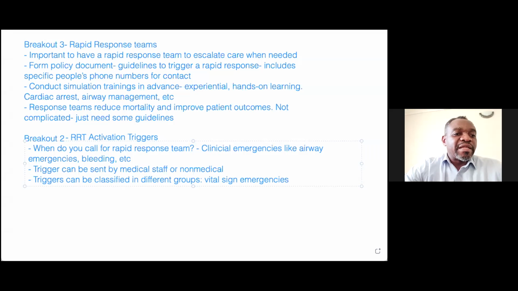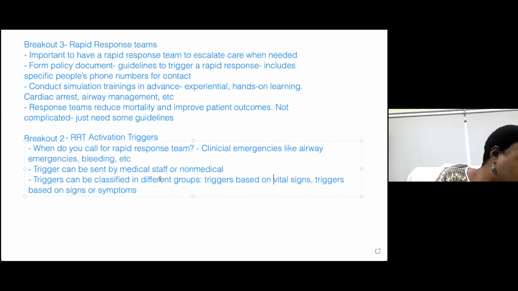Another way of looking at the triggers is based on the signs or symptoms that the patient presents. A patient can have chest pain, radiating chest pain, that looks like MI. A patient can have seizures, can convulse, and then a trigger can be sent so that the right team can come and review the patient.